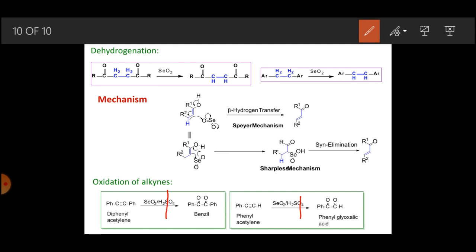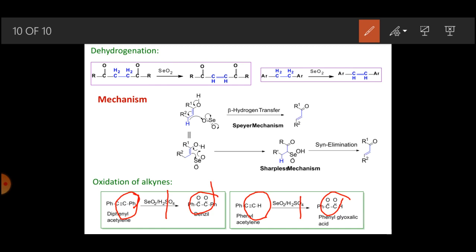In the absence of sulfuric acid, it cannot oxidize alkynes. So, in a reaction, if there is sulfuric acid present, then selenium dioxide can oxidize internal alkynes or terminal alkynes into this dicarbonyl compound.